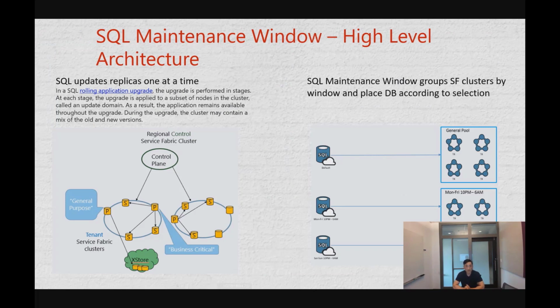This is a high-level view of how Azure SQL maintenance events are carried out. The key call-out here is that SQL updates one replica at a time, and these updates are performed in stages. At each stage, upgrade is only applied to a subset of a cluster called upgrade domains, with each UD carrying no more than one replica, which ensures that applications remain available during an update.